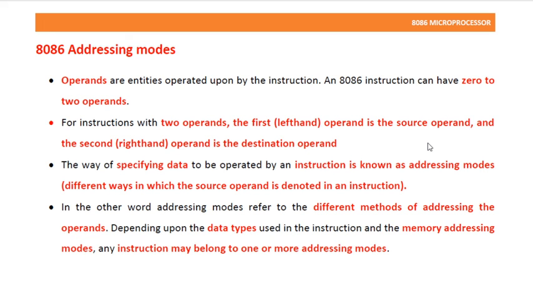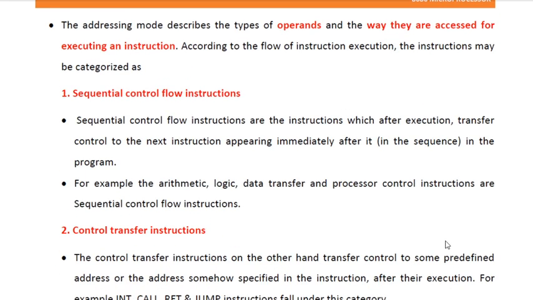Addressing mode specifies the way the operands are specified in the instruction, specifically the source operand. The way of specifying data to be operated on by an instruction is known as addressing mode, that is, the different ways in which the source operand is denoted in the instruction. Then we learned about different types of statements that may be there in the program: sequential and control-transfer based instructions.